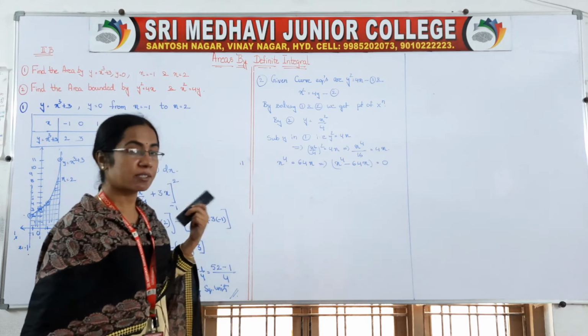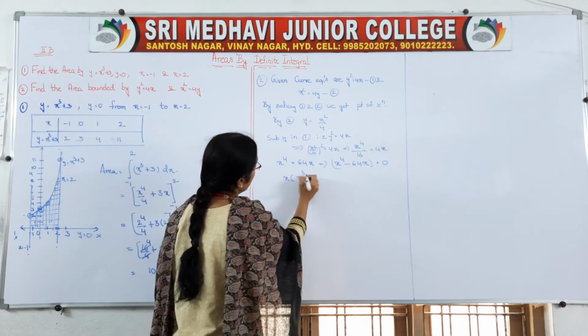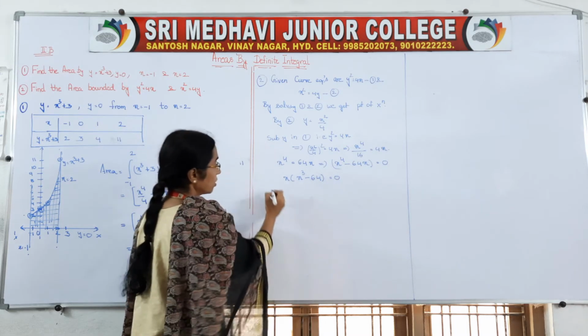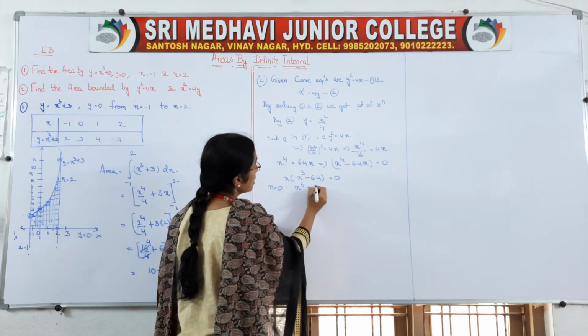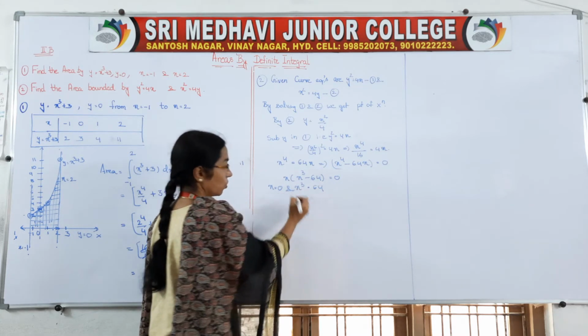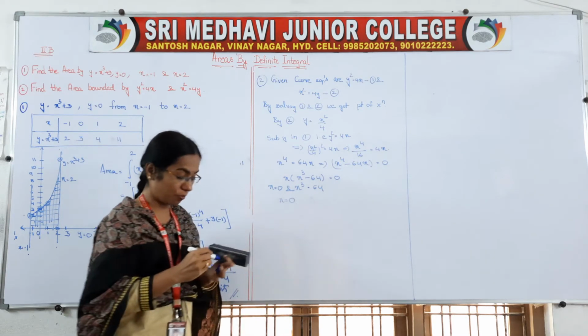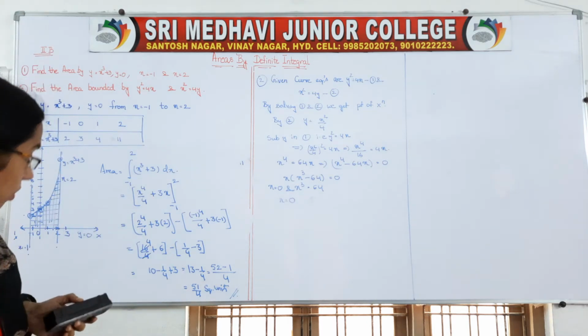You can take x common, right? Take x outside. It is x into x cube minus 64 is equal to 0. So x is equal to 0 and x cube is equal to 64. Okay, so x is equal to 0 and x cube is 64, right?